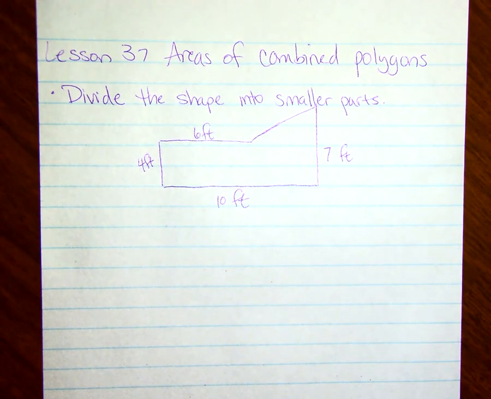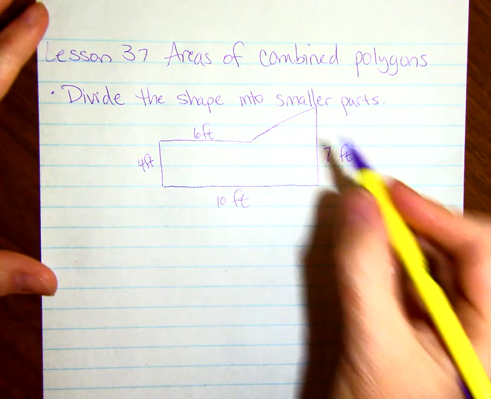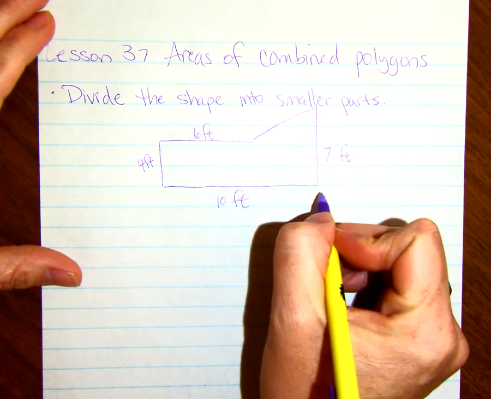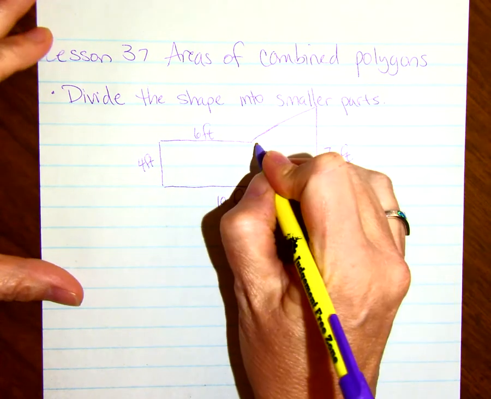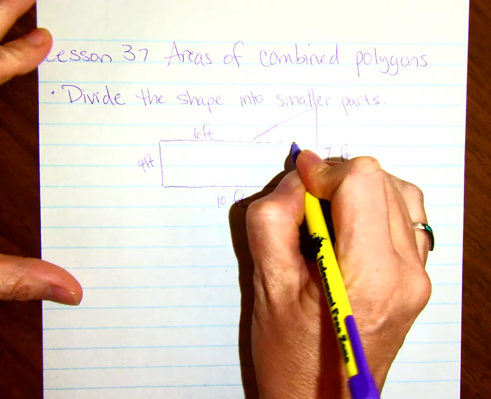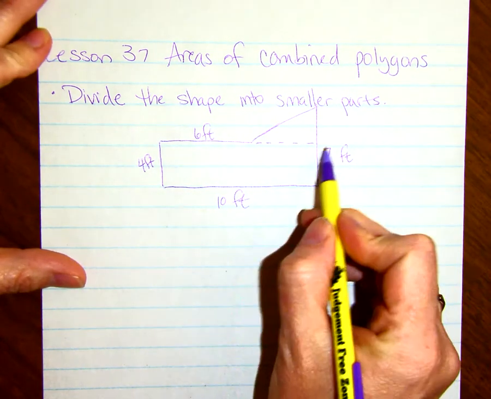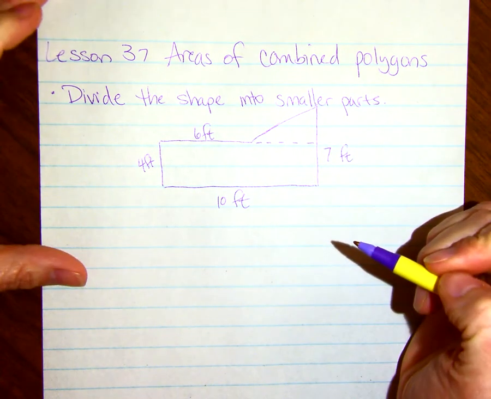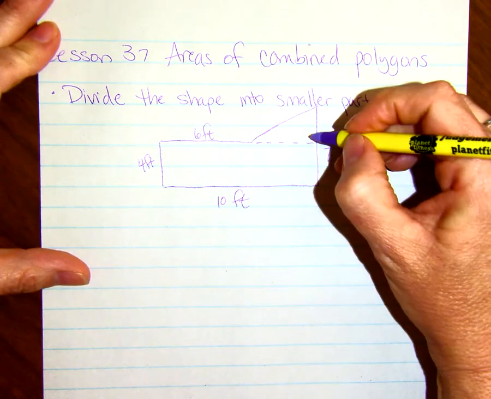And we're going to find the area of this shape. So we can divide it up. You want to look for rectangles and triangles and things that you know how to find the area of. So if I were to divide this straight down, that wouldn't really work because this isn't a shape I'm familiar with. So I would go across this way, and I would have a rectangle, and then I'd have this triangle up here that I can take the area of. And this will be a right triangle.